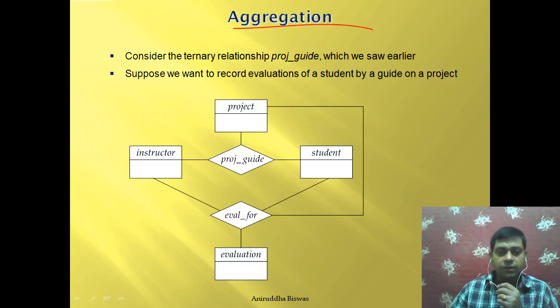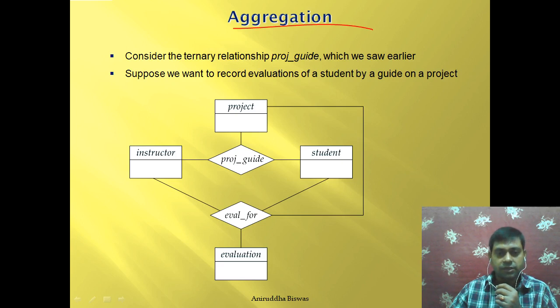Now here is an example of how aggregation is denoted. A rhombus representation is placed between these two sets of entities, instructor and student, and the rhombus is labelled eval, for evaluation. So evaluation is an entity which is a combination of the instructor and the student.